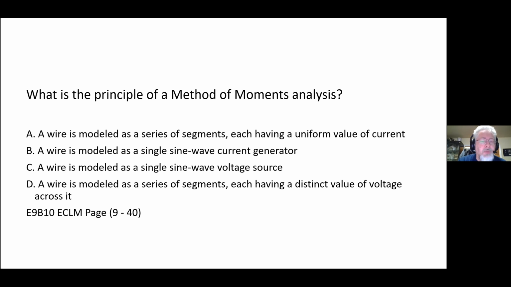D, a wire is modeled as a series of segments, each having a distinct value of voltage across it. Alpha is correct. A wire is modeled as a series of segments, each having a uniform value of current.